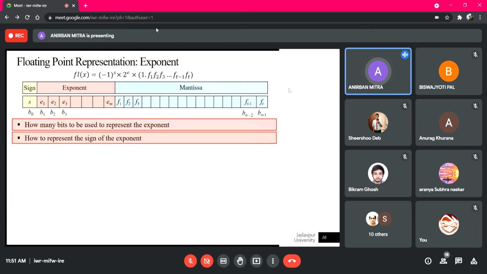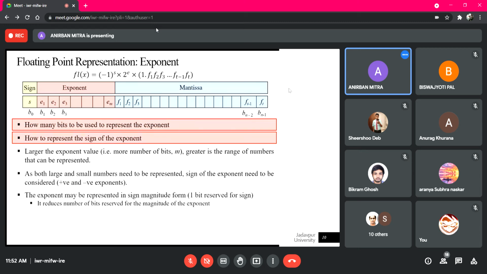Now, what is the function of the exponent? The function is that if we go for more bits, we have a larger range of numbers. A larger range of numbers can be represented. But here we have to take care of the sign of the exponent also.